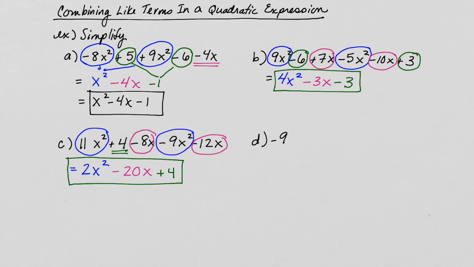So minus 9x squared plus 6 plus 14x squared minus 8 minus 7x. So if I look for the like terms, I have a minus 9x squared and a plus 14x squared. So minus 9 plus 14, that would give me 5x squared.